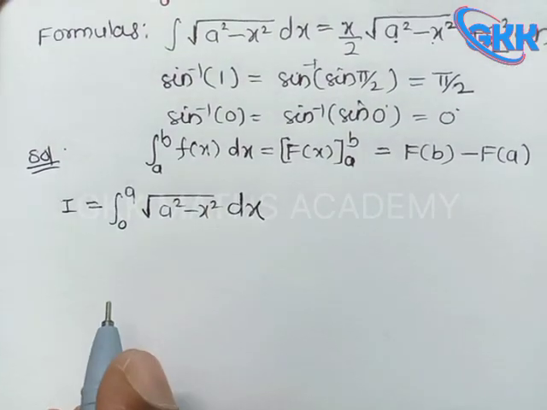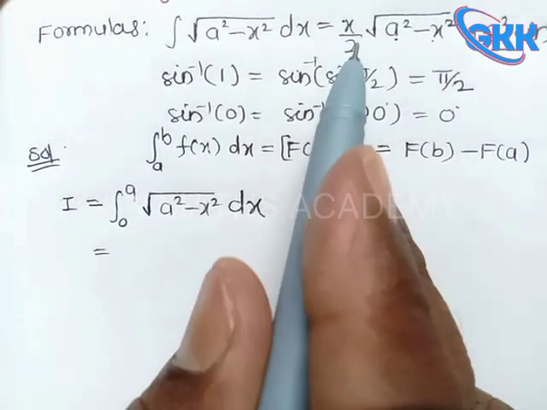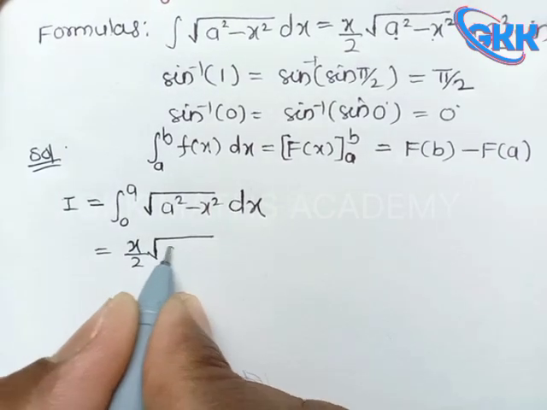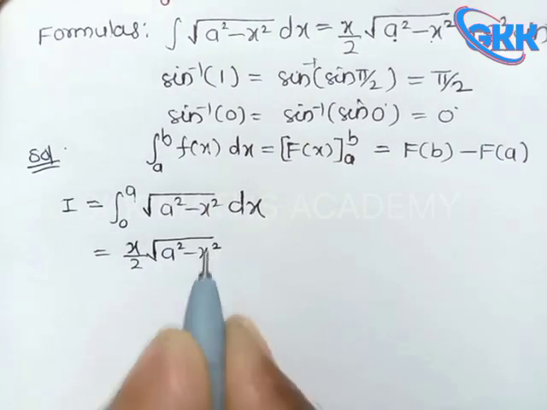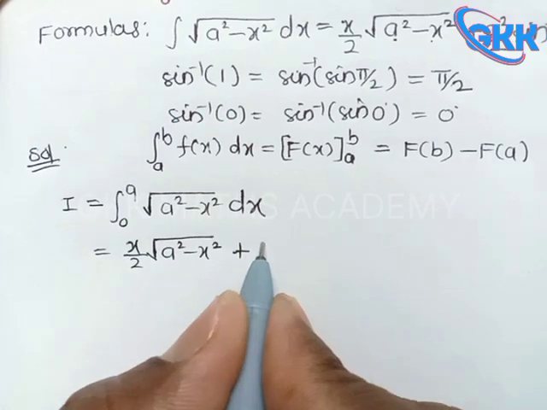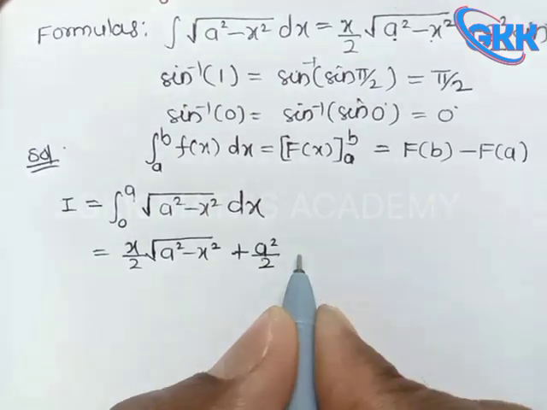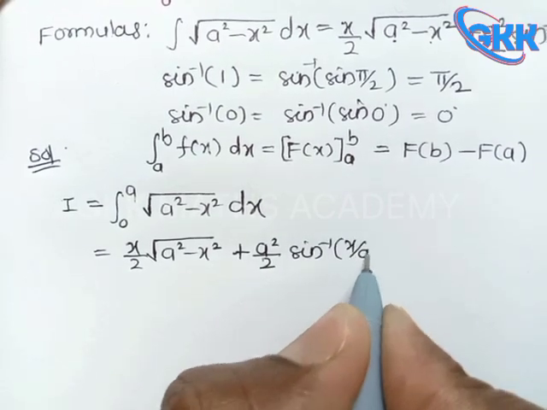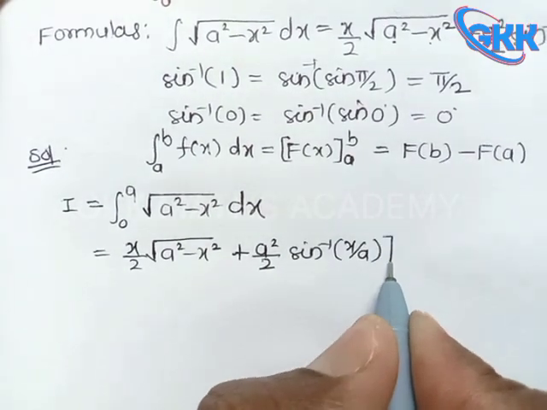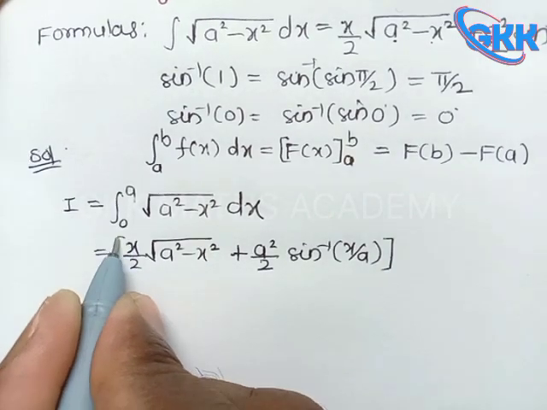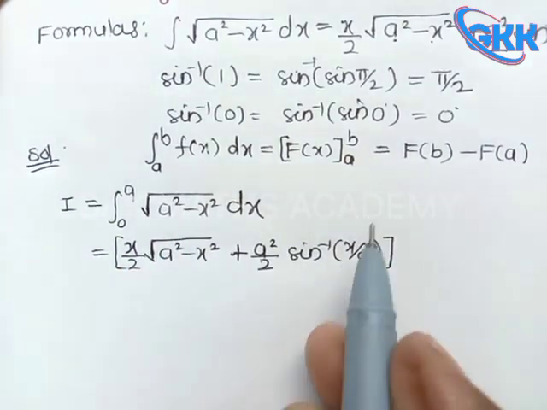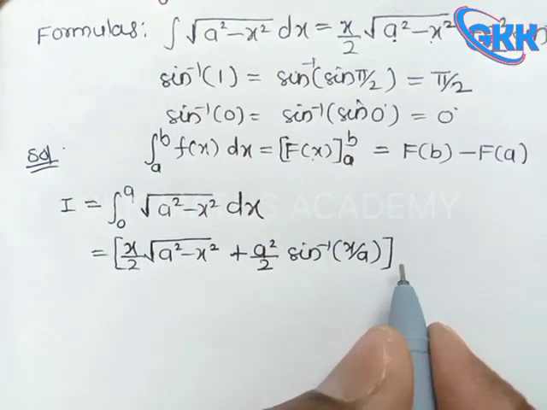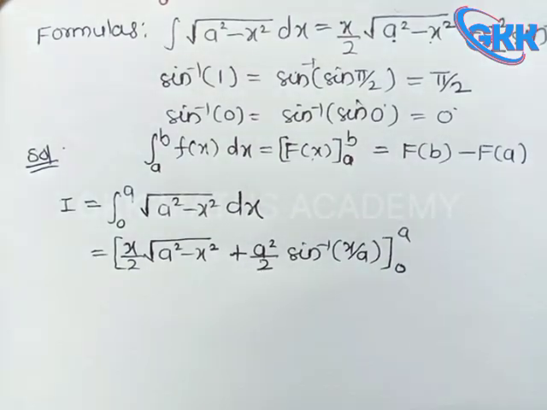Now what is our formula? x upon 2 times the square root of a square minus x square plus a square upon 2, x negative means sine inverse of x upon a. So this is the integration. After integrating f of x to get capital F of x, we write the limits here, 0 to a.